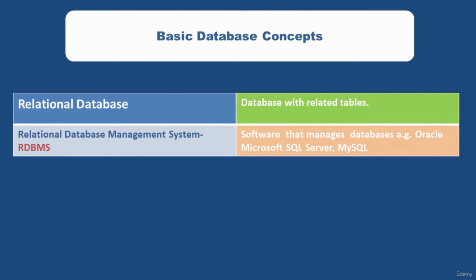Examples of relational database management systems are Oracle, Microsoft SQL Server, and MySQL. There are a lot more, but I've restricted my examples to these three. So these are the basic database concepts that you will come across when working with SQL.